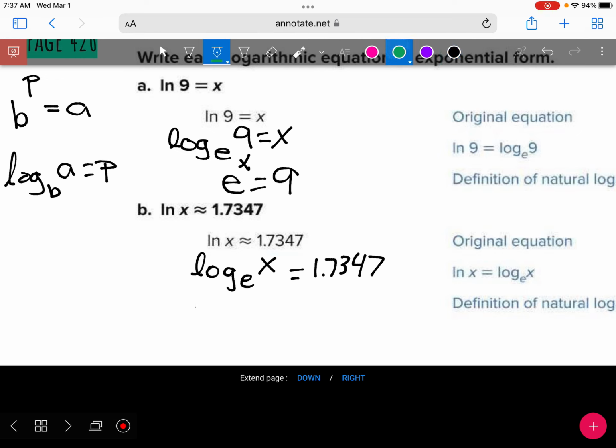And we're going to switch it around into our exponential form. So our base is what? E. What's our power? The 1.7347-ish. That's what the squiggly equal sign here means: about equals.